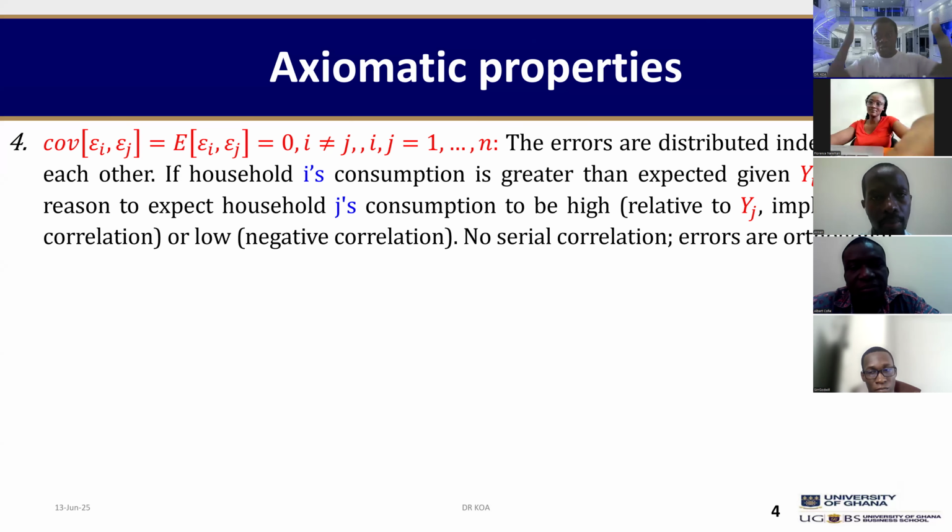Take note. So you have how many households? 20, say. 20. And then each household has a consumption value. Let's say 2,000 Ghana cedis every single year. And then the consumption value is dependent on the income.